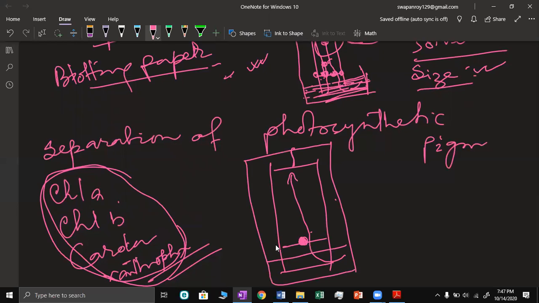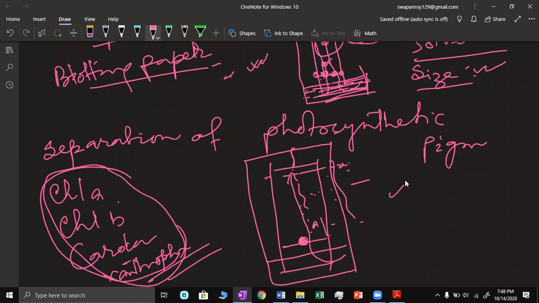In the process, carotene moves very fast. It moves nearly with the solvent front, at a very fast rate, and in between we get xanthophyll and chlorophyll A and B. B is lower. So all four different colored pigments we can see on this paper.